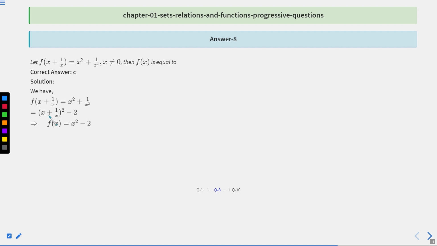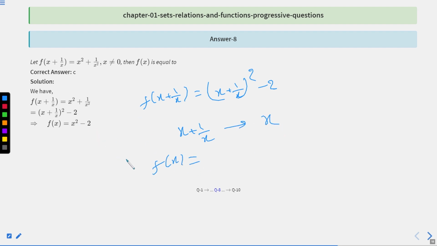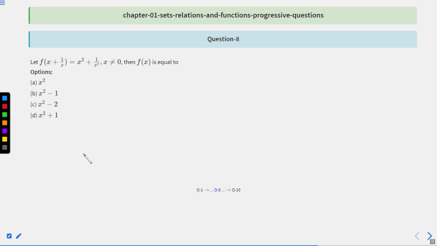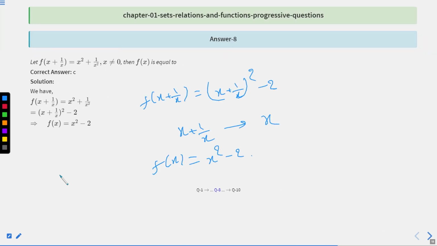So f(x + 1/x) is coming out to be (x + 1/x)² minus 2. Now replace x + 1/x with x. So f(x) will become x² minus 2. Right. So f(x) is x² minus 2. Option C is the right choice.